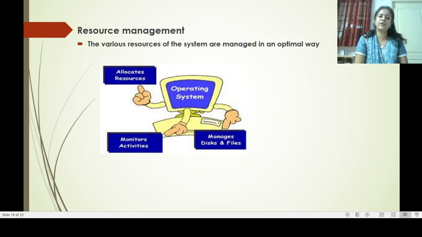If the process requests the monitor to display output, the keyboard to give input, or the printer to print a document, these resources will be handled by the operating system through proper resource allocation algorithms. It also monitors the different resources and manages the disk and files on the secondary storage devices. That's why the operating system is the super manager of all the computer resources.